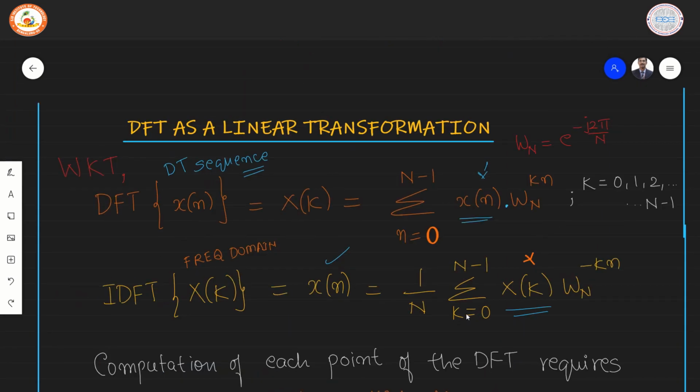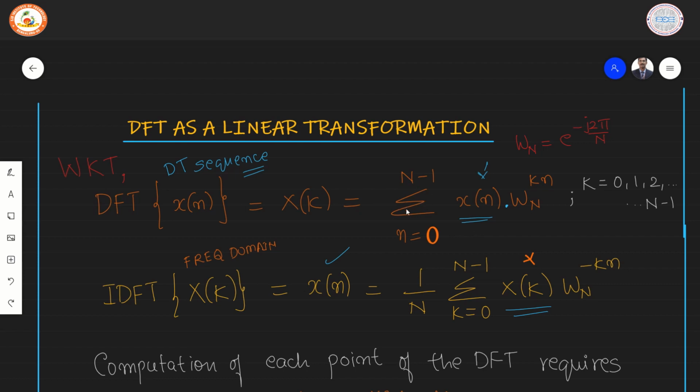Let us now discuss the DFT, which can be used as a linear transformation. First, let us consider the equation called the DFT. The DFT of x of n is denoted as X of k and is given by the summation as shown.